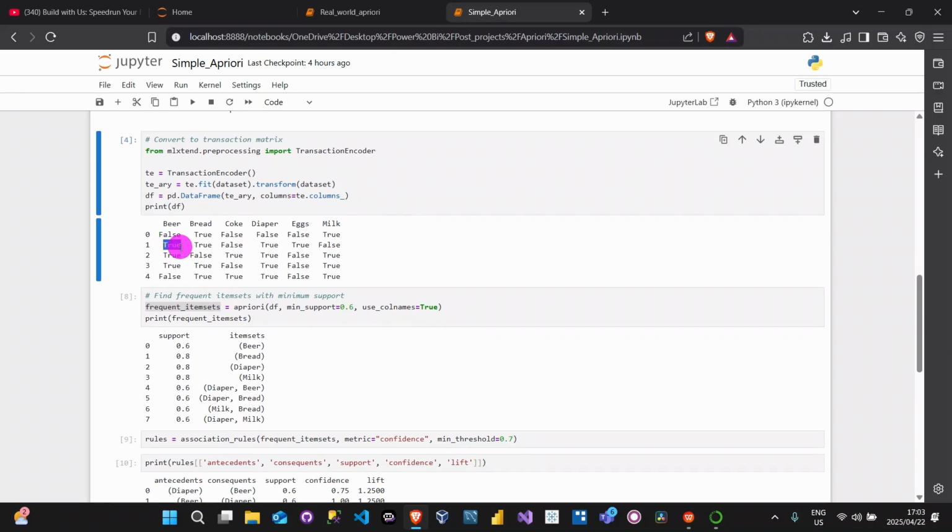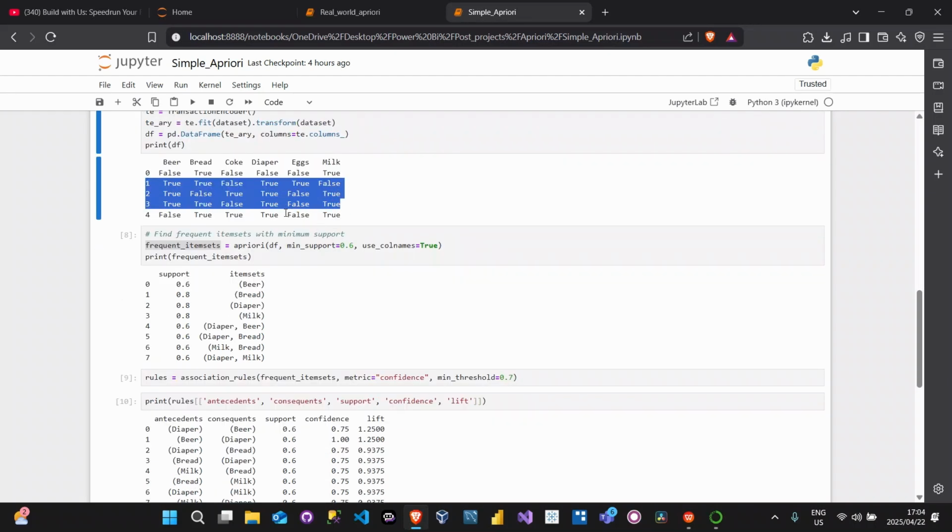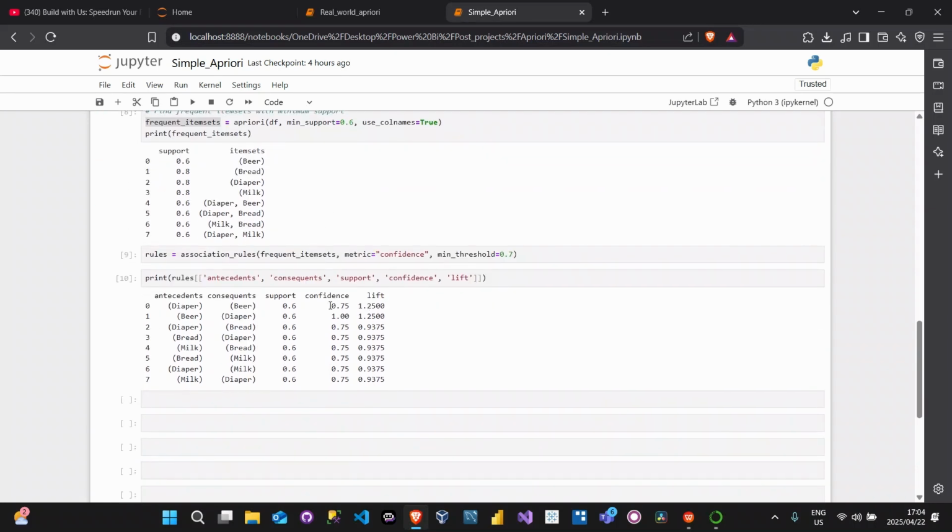If a person buys beer, it's absolutely true that they are going to buy a diaper, as you can see in these records. However, the reverse is not true. In one instance, the last incident, a person bought diaper but did not buy beer. So for this small data set, this is the explanation of our confidence.